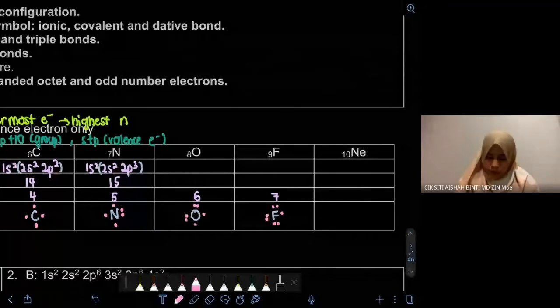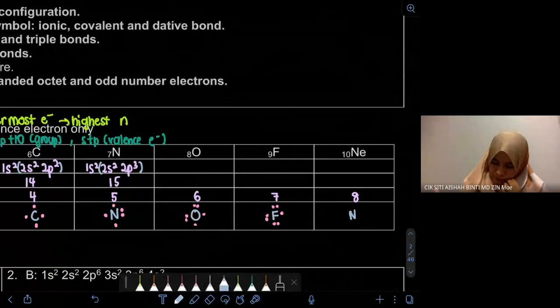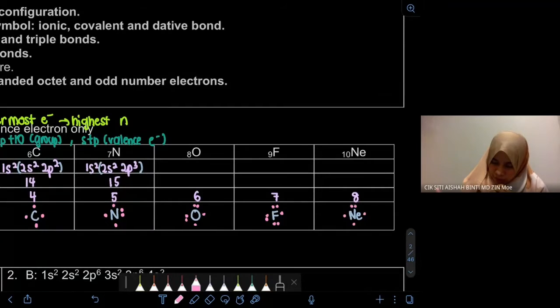Neon is actually our noble gas, group 18. Group 18 already has a full 8 electrons. So for the neon, we draw 1, 2, 3, 4, 5, 6, 7, 8.